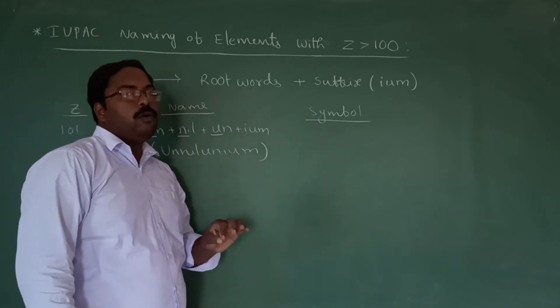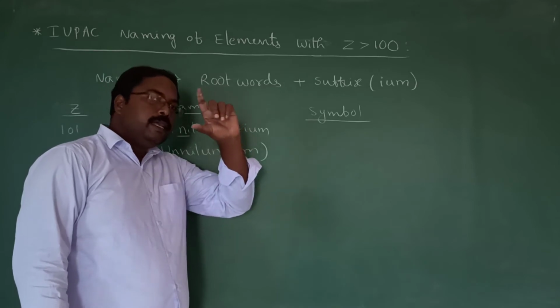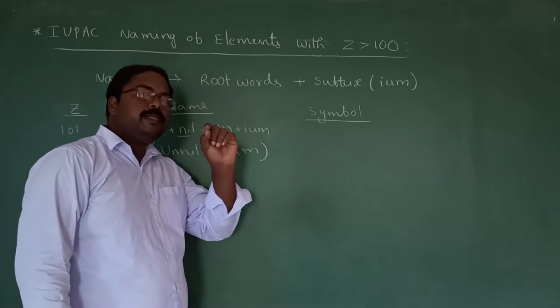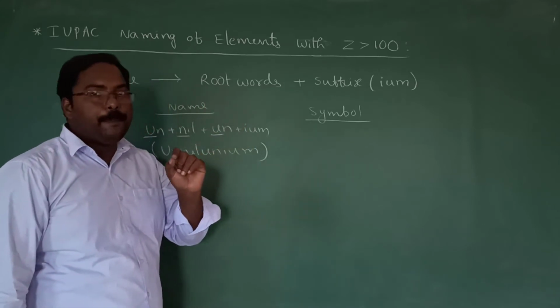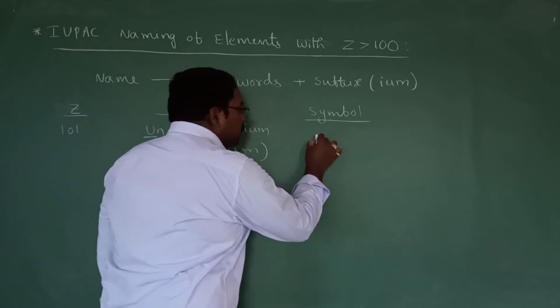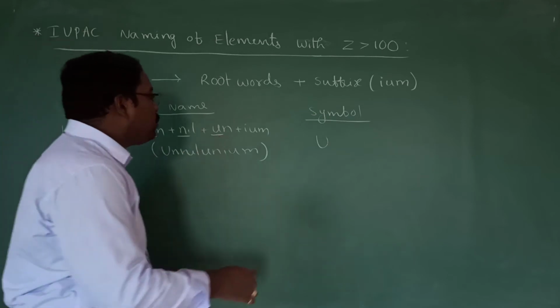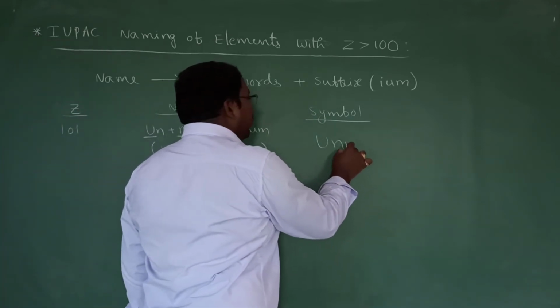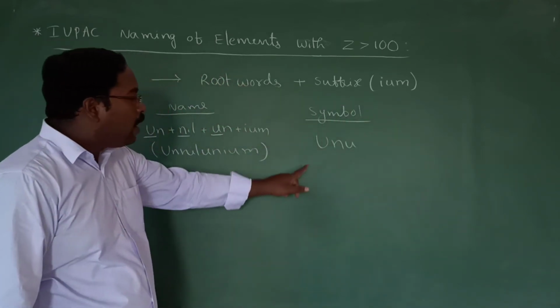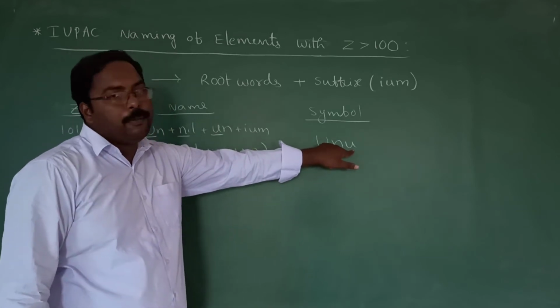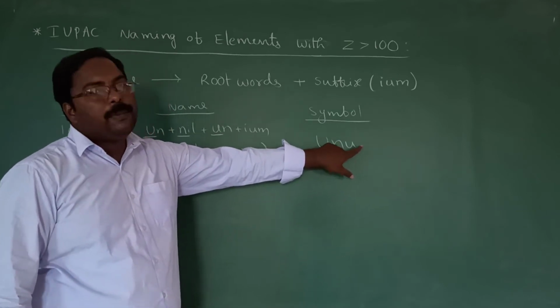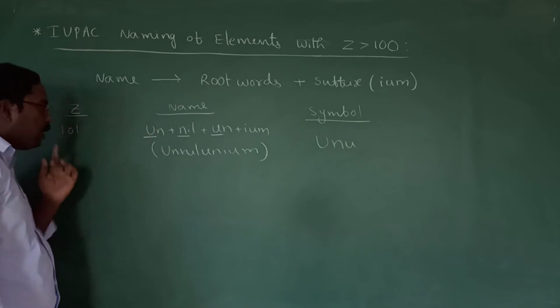As we all know, any element is represented with a symbol whose starting letter is a capital letter. So capital U. The next letters will be represented with small letters: n, u. So Unnilunium has the symbol Unu, and its atomic number is 101.